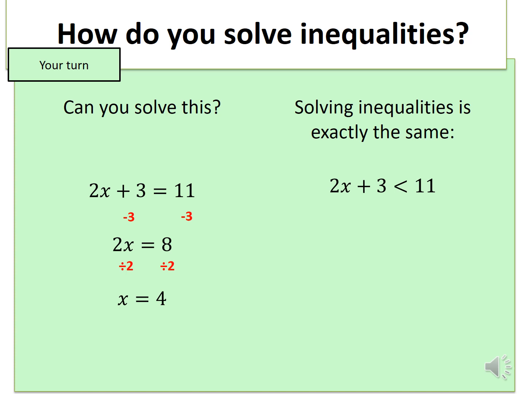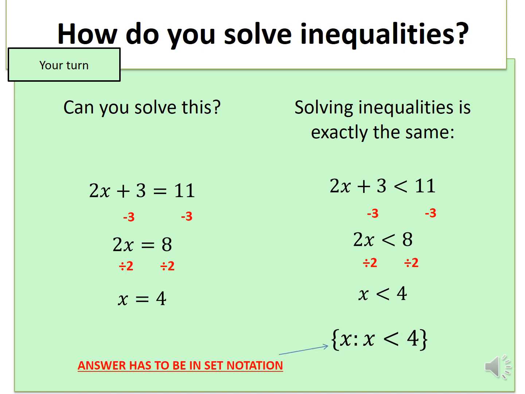Okay, let's see. So hopefully everybody did exactly the same as equations. So you did minus 3 both sides, and then you divided by 4. And then the set notation would be the set of x such that x is less than 4.